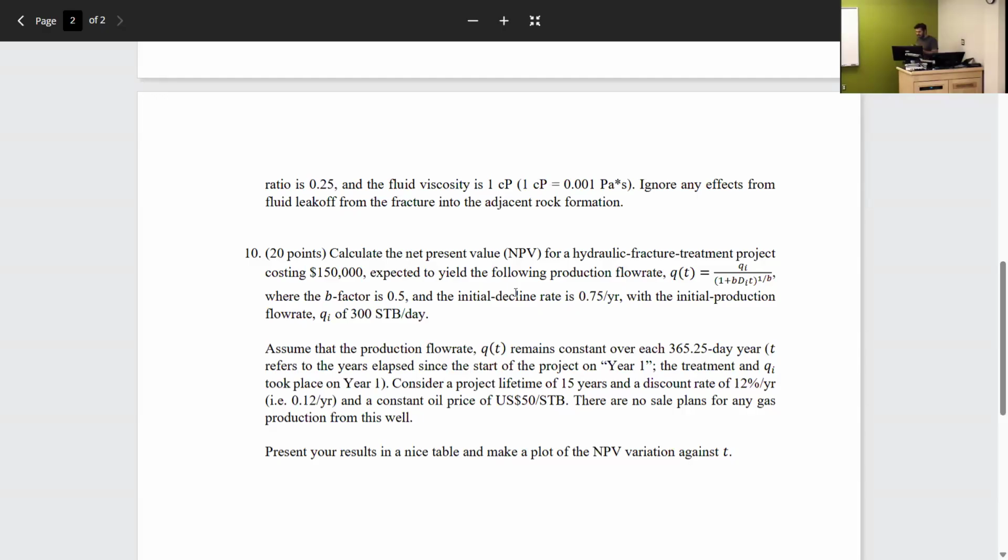You translate that to, it's like 159. You translate that to a yearly rate, so times 365.25, and it becomes something like 58,000 barrels that year. And you will get $50 for each barrel, so you can calculate the total amount of money you are going to make that year. Then you subtract the money that you are going to pay, which is zero in this case.